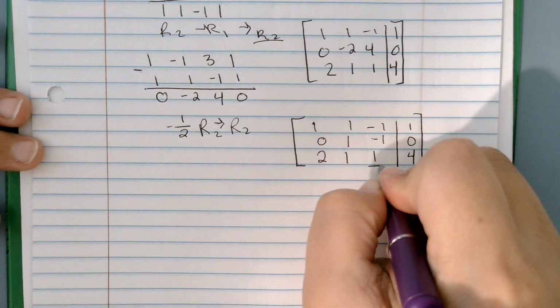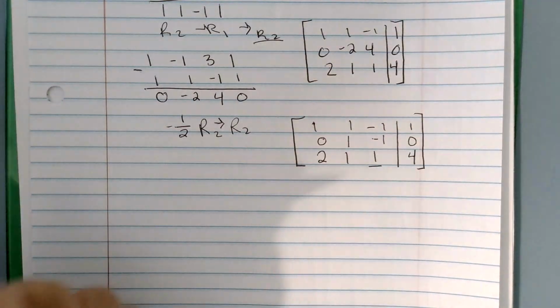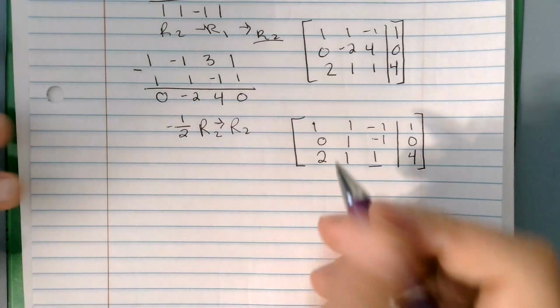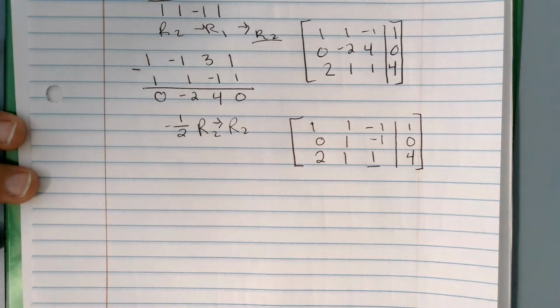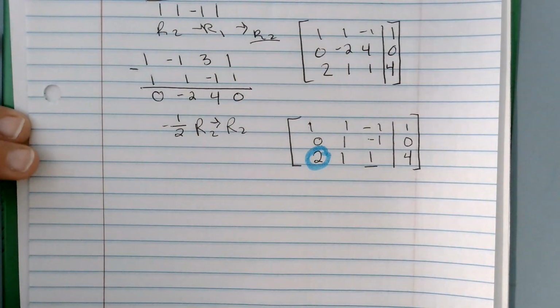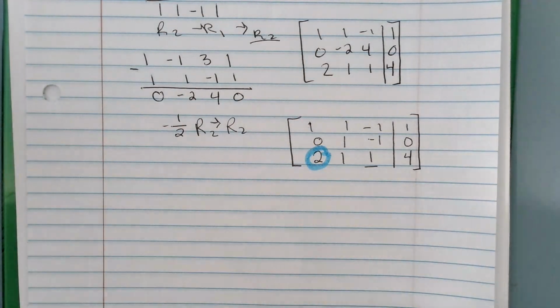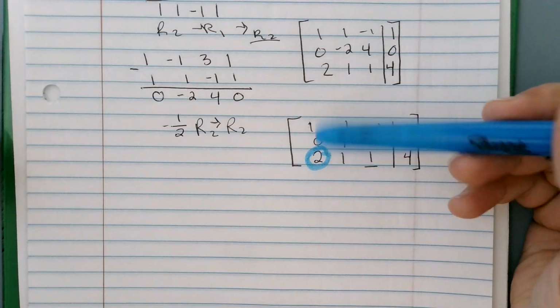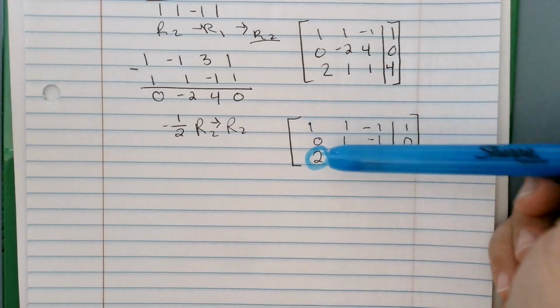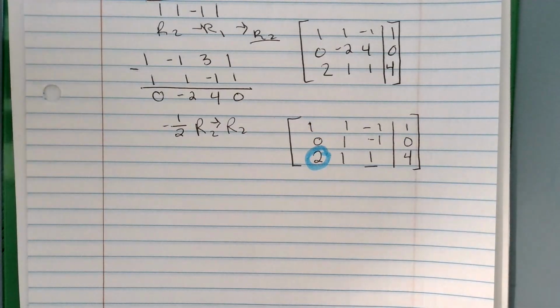I might change this a little bit, but I'll get it back to where I want it. We do need to fix this 2 in the corner, in A31. This 2 needs to be a 0. The only thing I can see is multiplying row 1 by 2 and subtracting it from that 2.